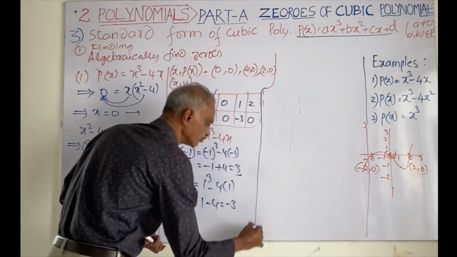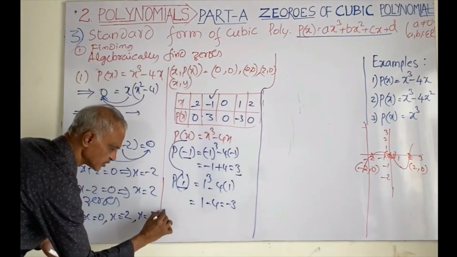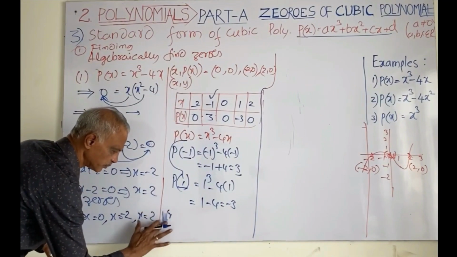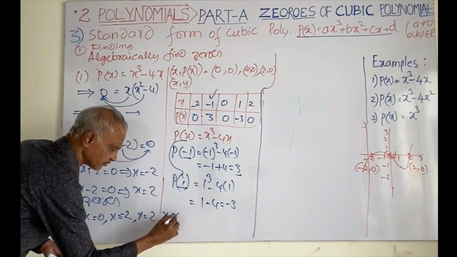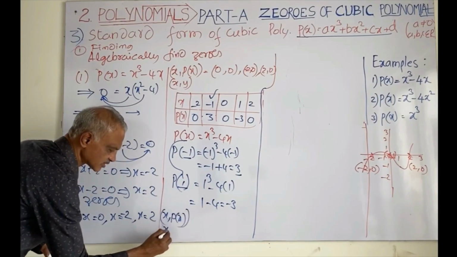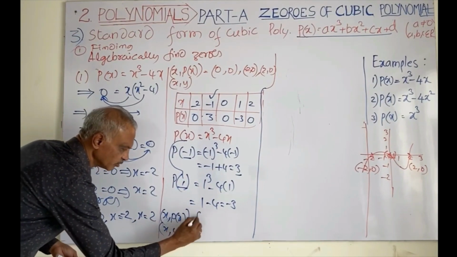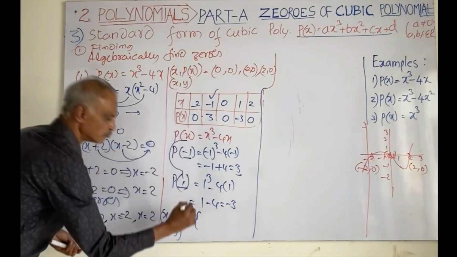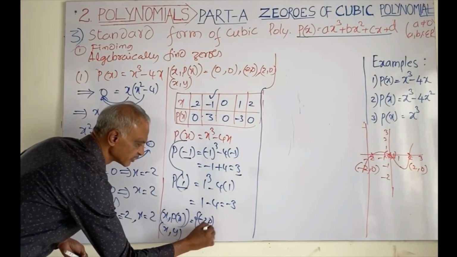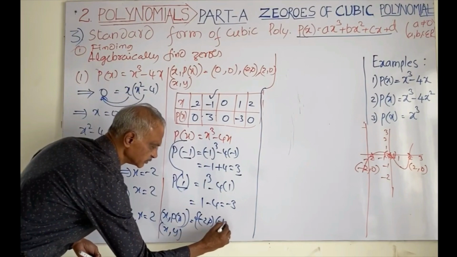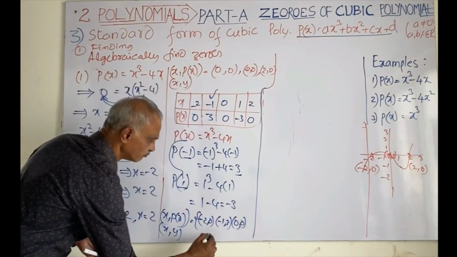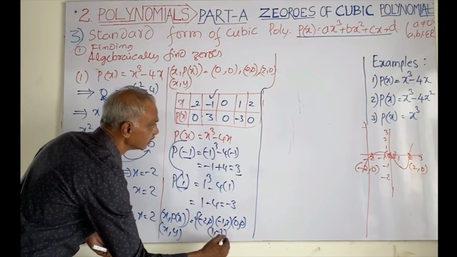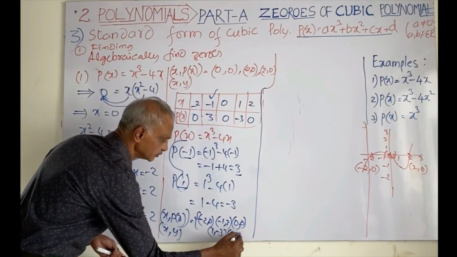With the help of these solutions, prepare a solution set. You have to write x, p of x, meaning x coordinate and y coordinate. What is the solution set here? Minus 2, 0; minus 1, 3; 0, 0; 1, minus 3; and 2, 0.